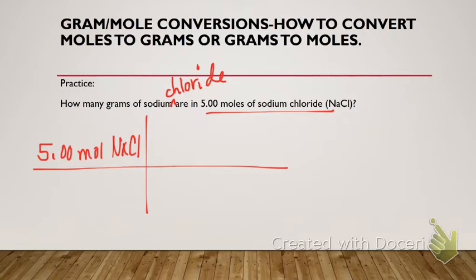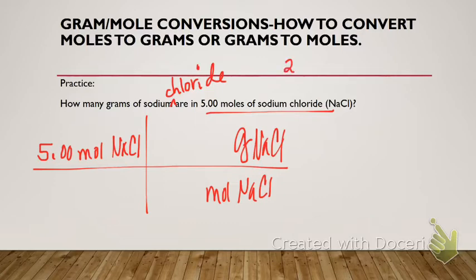I want to get rid of moles of NaCl. So where do I put it? On the bottom. And grams on the top. So now I need to calculate what the molar mass of NaCl is. Sodium is 22.99, right? And chlorine is 35.45.